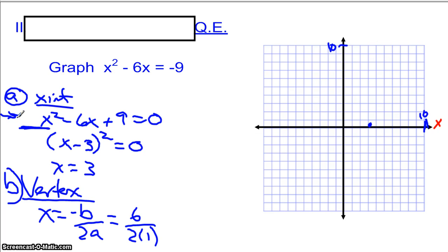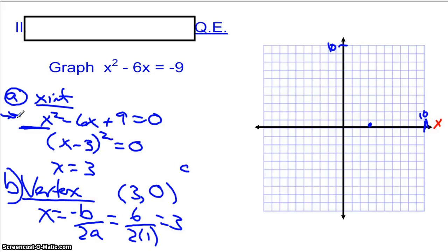So what is 6 over 2? 3. And isn't that where we just located the x-intercept, right? So this makes logical sense. And so now we're going to find the y value, and what is the y value of that point? 0. And if you plug 3 into this equation, you will find that 9 minus 18 is negative 9, plus 9 is 0. So you can do it mathematically, or you can use your graph.